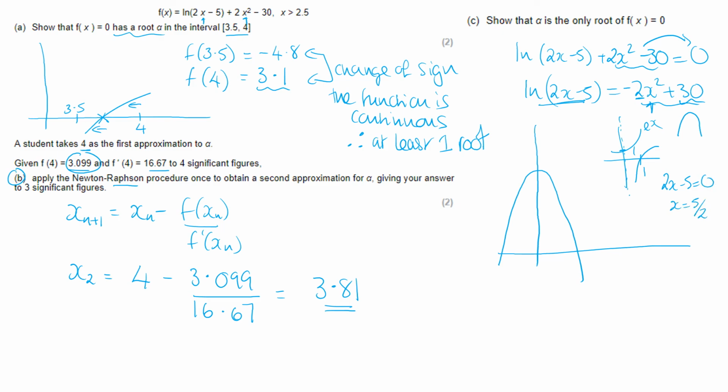So that is going to be our asymptote here at x equals 5 over 2. And the ln graph is going to come up and go like that. So from the graph, we can see that there's only one point of intersection, and that would be how we will show that there's only one root.